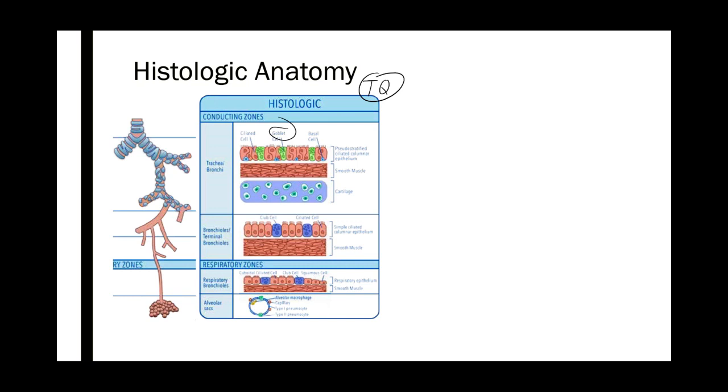There's a different type of epithelium throughout, so it's really annoying, but I'm going to tell you to know it just because you've got to memorize it, I guess. There's pseudostratified ciliated columnar, and then it goes to simple ciliated columnar, and then respiratory epithelium, which I forget what that technically is, but I'll get back to you.